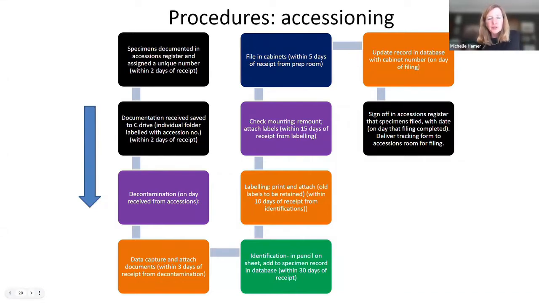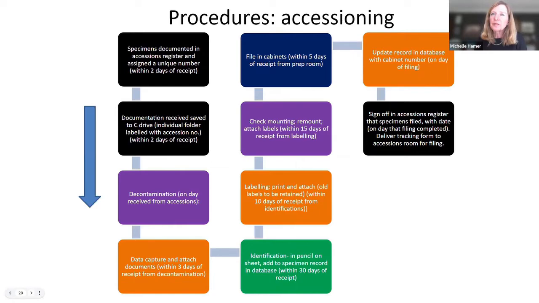Then you'd have to capture the data for those specimens and attach the documents that came with them. Then you send them for identification. Then they get labeled, then they might get mounted or remounted or bottled, rebottled, and then they can go into the collection. And then you update the database to say where they are in the collection. And then you go back to your accessions register and you sign off that they are now in the collection.